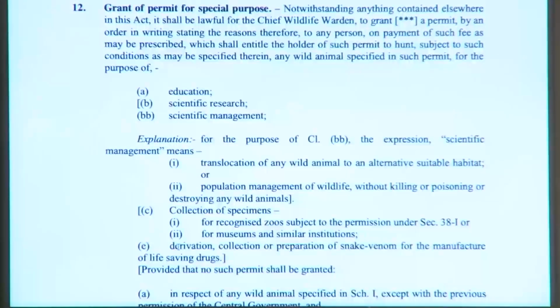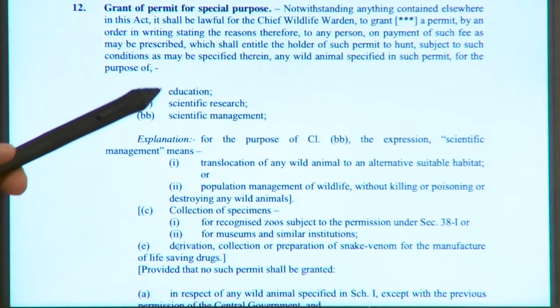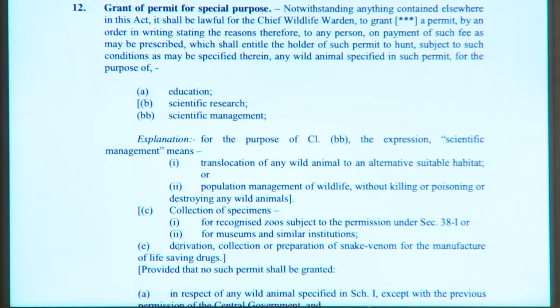Otherwise, you can take a permission under section 12, which says grant of permit for special purpose, and these purposes include education, scientific research, scientific management, collection of specimen, derivation, collection or preparation of snake venom for the manufacturing of life saving drugs and so on.